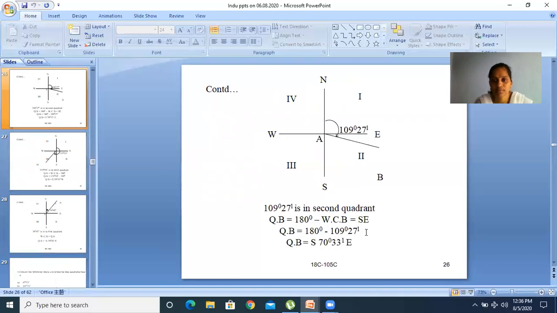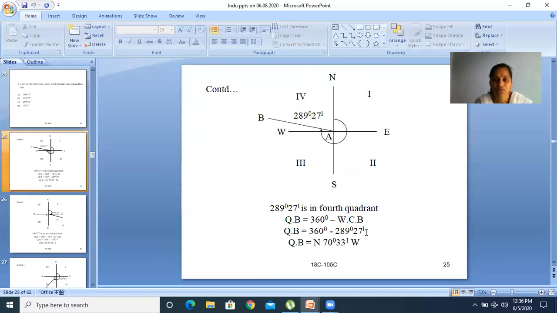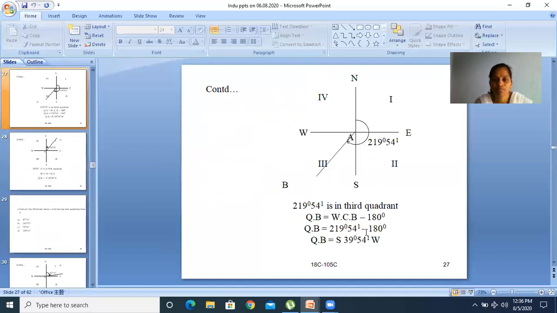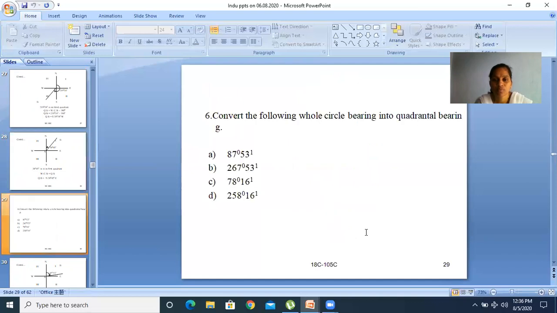I'll show again. Fifth sum, you can note down. Okay, then we will go to the sixth sum.